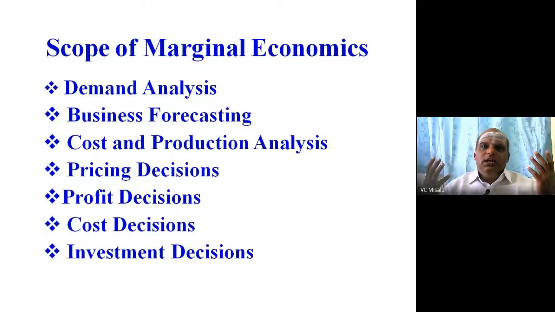Even in our day-to-day life, we follow managerial economics. So this is the costing principle, the cost concept, and in costing decisions managerial economics is used. This is the scope of managerial economics.